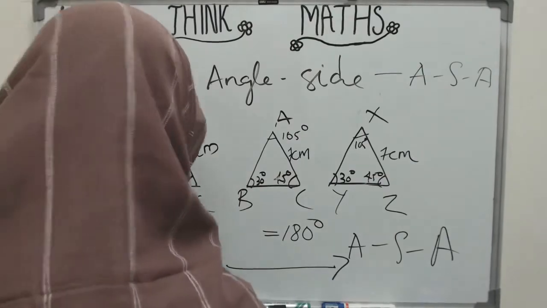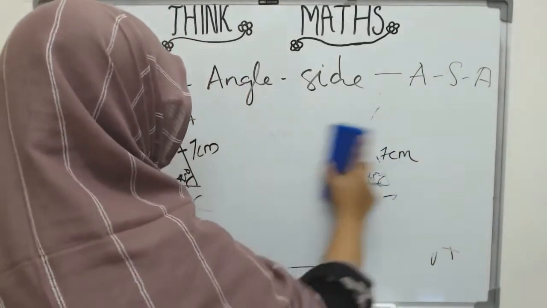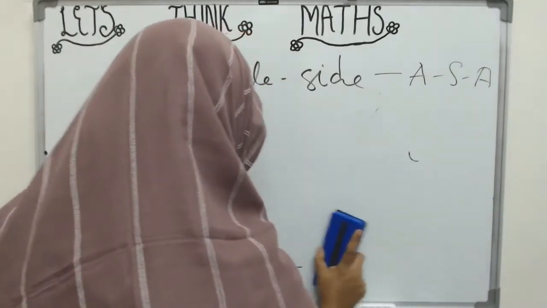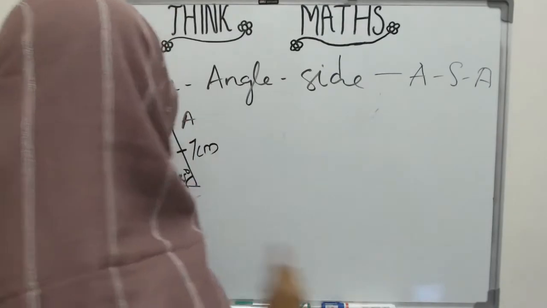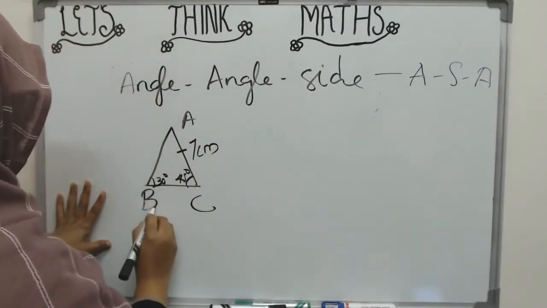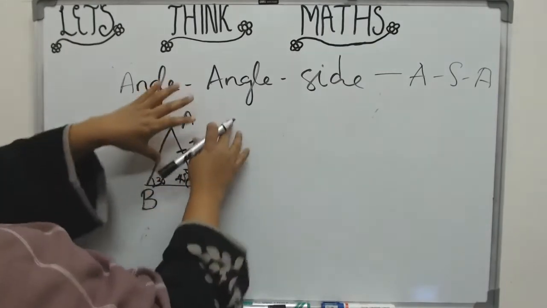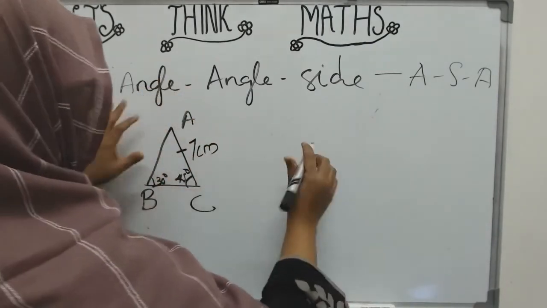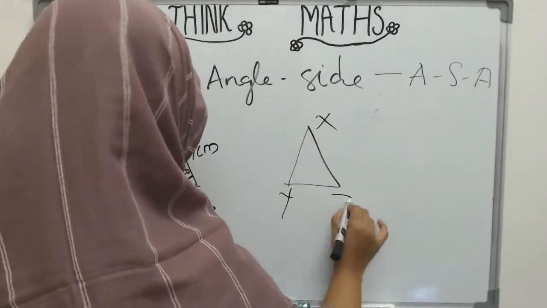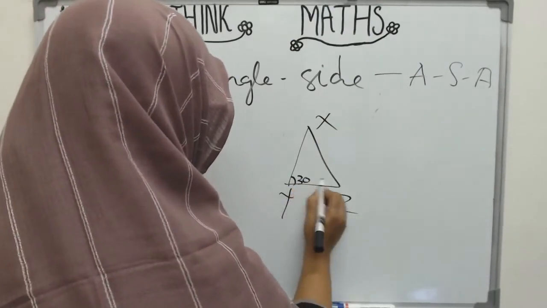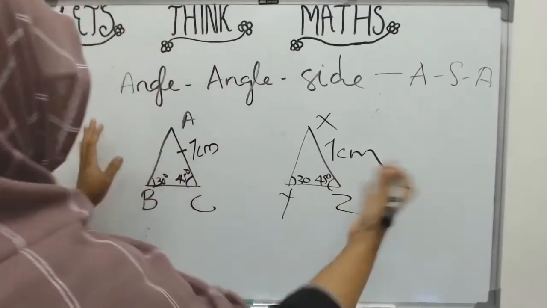So whenever you have a triangle whose two angles are known and a non-common side is known, any triangle which has the same arrangement, for example XYZ, if it has the same arrangement, 30, 45, 7 centimeter, this too will be congruent.